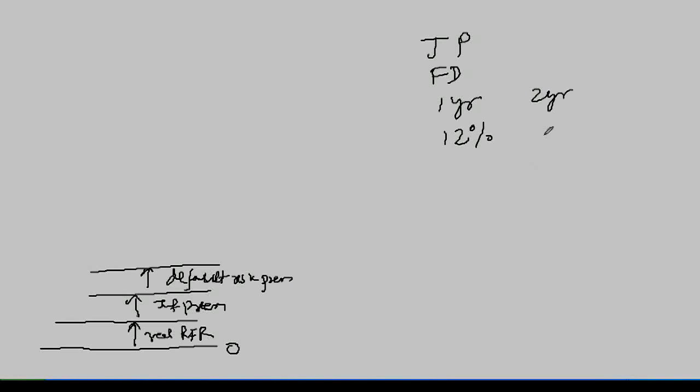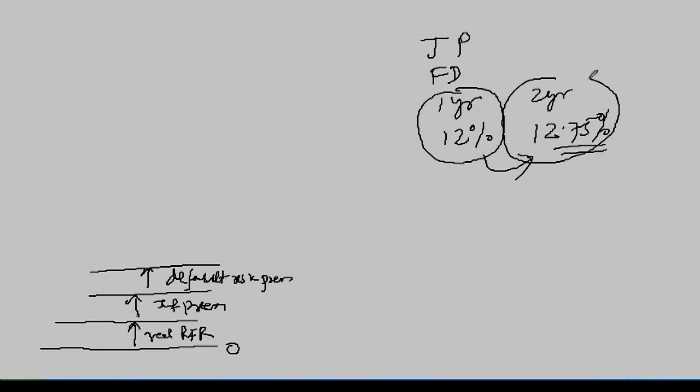If you see the prospectus for 2 year, they are offering 12.75%. Okay. Why this 0.75% more they are offering? What is the reason? So for 1 year you get 12%, for 2 year you get 12.75%. What we say is slightly risk increases because the more number of years it happen, the chances of that person defaulting increases.